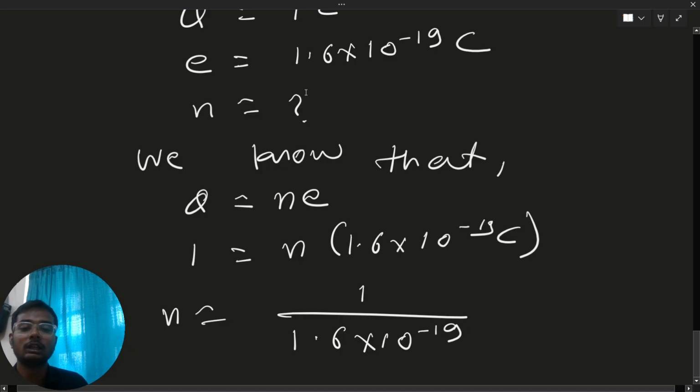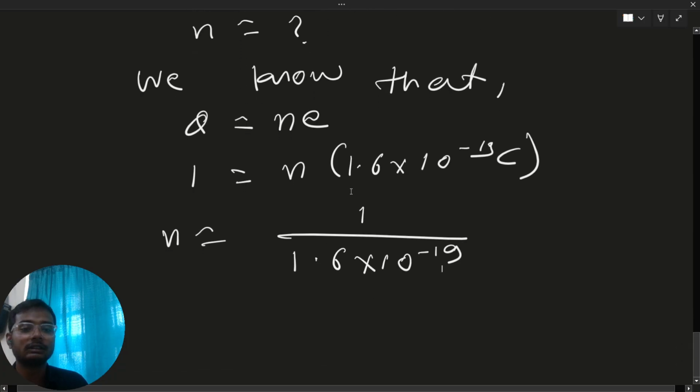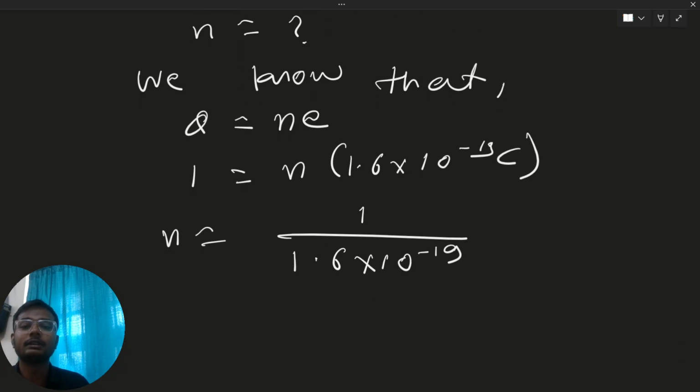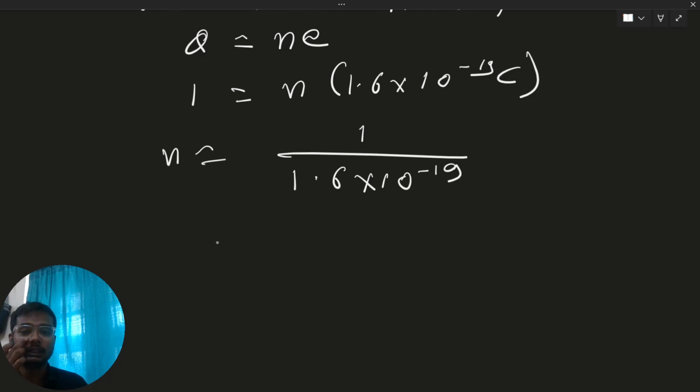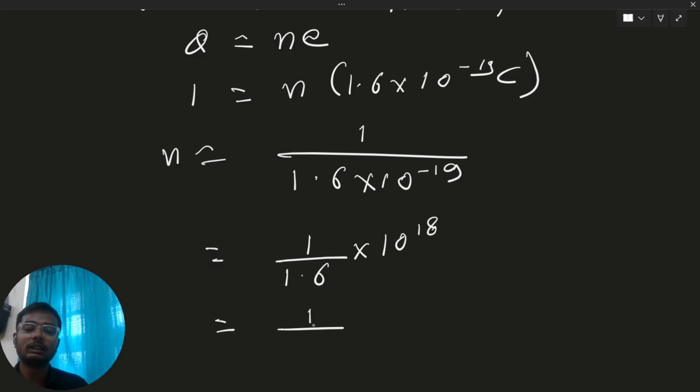Here, those whose maths, especially the exponents part, is weak will find difficulty solving this. Well, I'll try to make it a little easier for you. Try to follow. This is 1 by 1.6 into 10 to the power minus 19. I'm taking it into the numerator, so it will be 10 to the power 19. Okay, so I got 1 by 1.6.